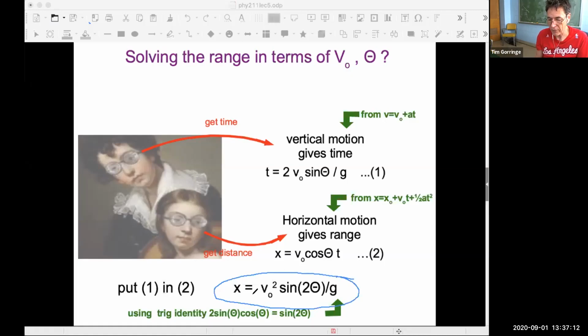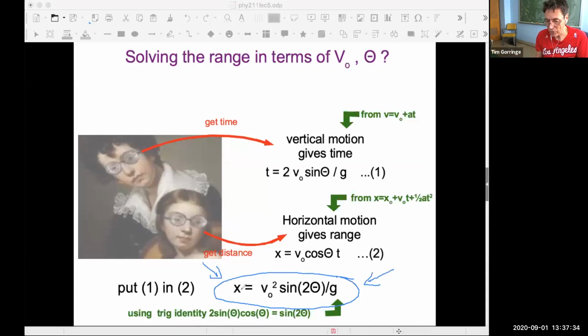This is the equation for the range. So this is the important thing. This is important. If you were a general in the Welsh Army, you want to know this equation. If you were an admiral in the Welsh Army, you want to know this equation.